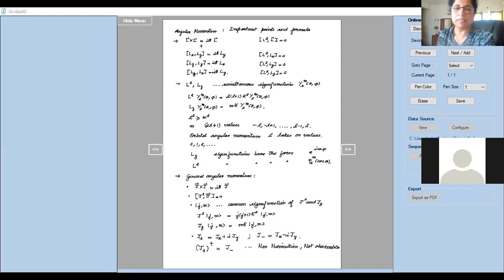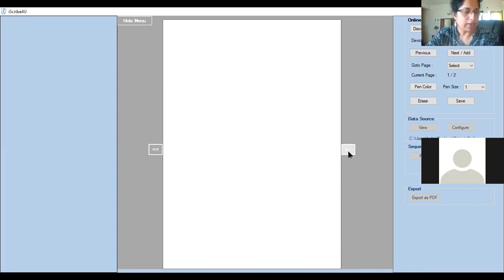Right. So now let's continue with our preparation sheet, so to speak, for doing all the angular momentum problems. Now what is the modus operandi of J plus and J minus?